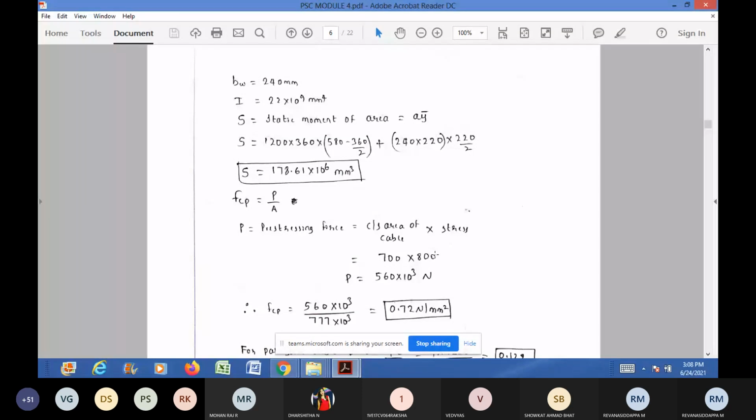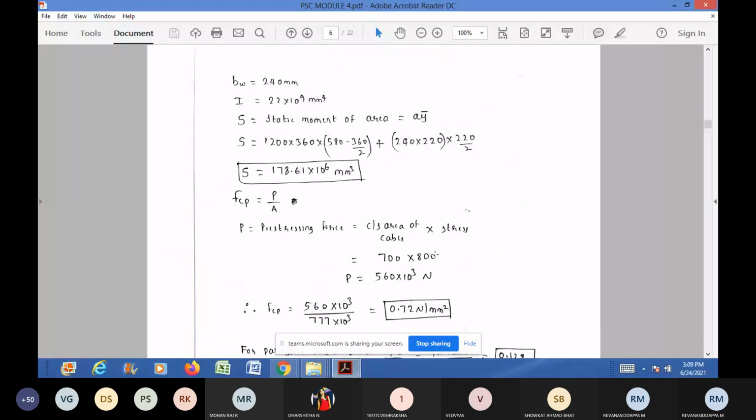Multiplying both, you will get 560 into 10 power 3 Newton, the pre-stressing force. Yes, sir. 560 into 10 power 3 Newton.